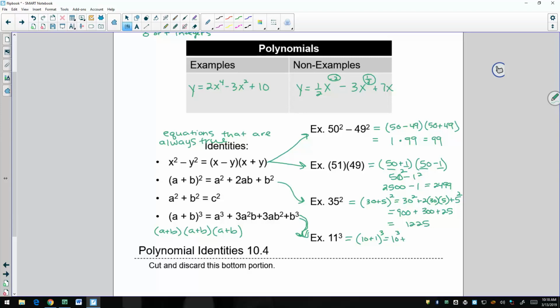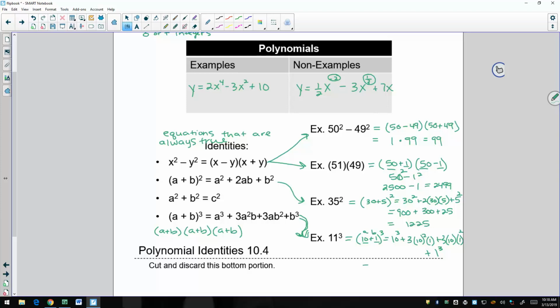Then it says to add on 3 times whatever the first number was, which was 10 for us squared, times the second number, which was 1, plus 3 times the first number, which was 10, times the second number squared, which was 1, and then plus the second number cubed. So for us, that was 1 cubed. So all I did was plug in 10 for A, and 1 for B into that identity.